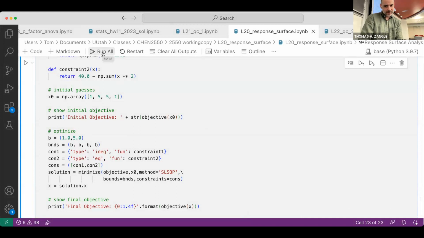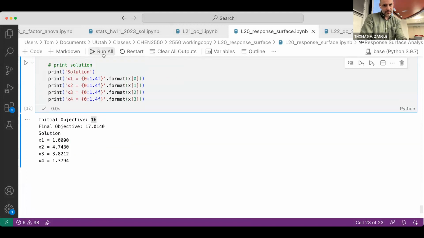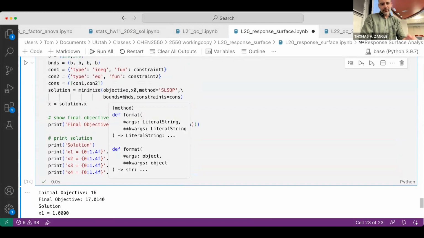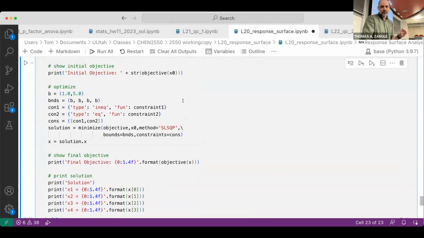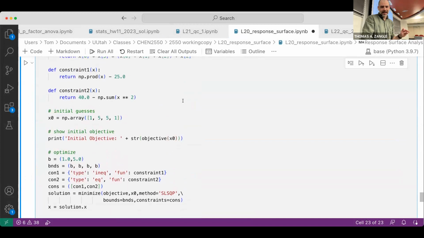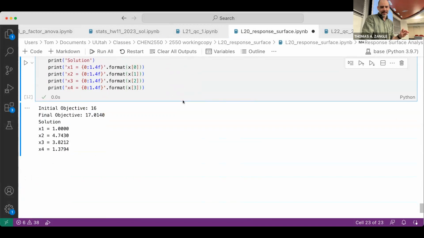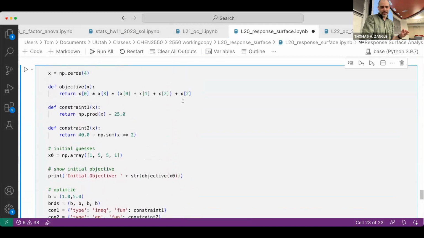Let me see. Now if I run all, I don't know why it is greater than the answer that we put in, other than that our minimize function failed, and we did not, in fact, find a minimum to this.